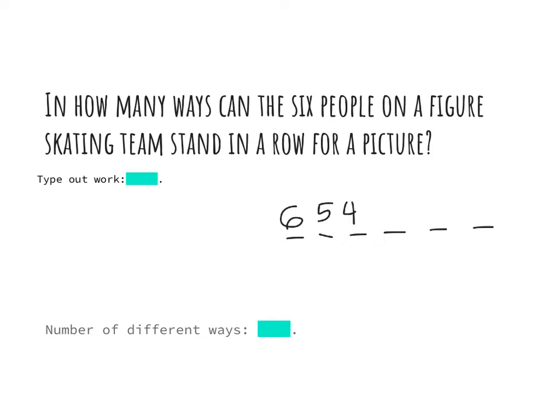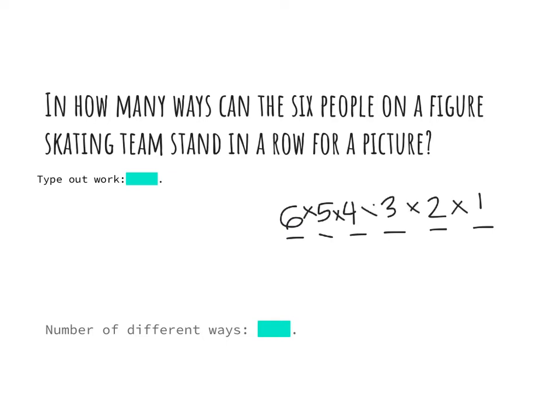Once 3 people have stood in place, you have 3 people left. Once 4 people have stood in place, you only have 2 people left. And then once 5 people have stood in place, you just have 1 person left. So just like we did previously to figure out how many different ways these people can line up, we are just going to multiply these numbers together.